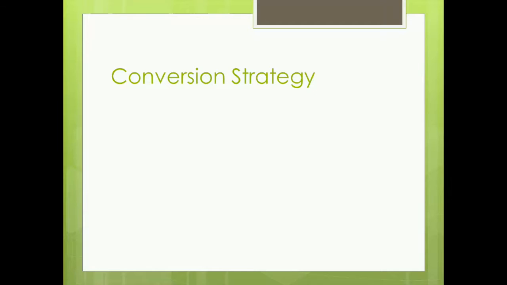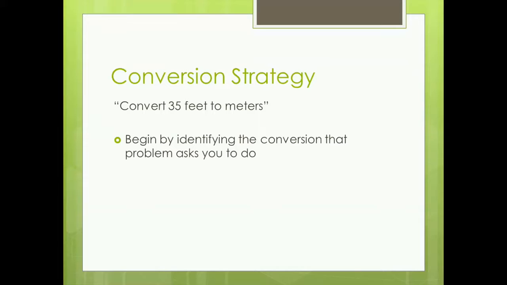Now let's review the strategy for converting between units. We'll use convert 35 feet into meters as an example. Begin by identifying the conversion that the problem asks you to do. In this problem, we are asked to convert 35 feet to meters.